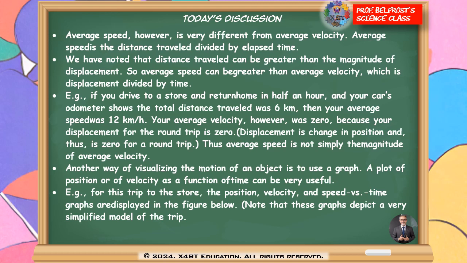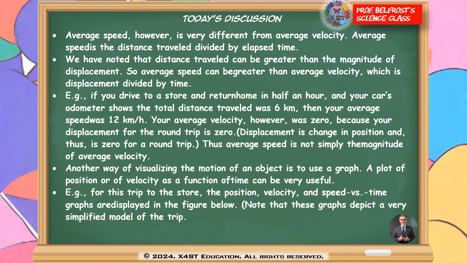You have noted that the distance traveled can be greater than the magnitude of the displacement, so average speed can be greater than the average velocity, which is displacement divided by time. For example, here is how I can show you. If you drive to a store and return home in half an hour, then your car's odometer will show that you have been traveling at a speed of 12 kilometers per hour.